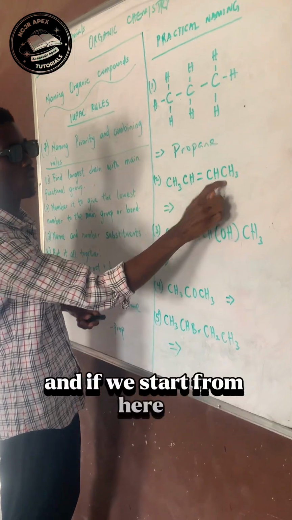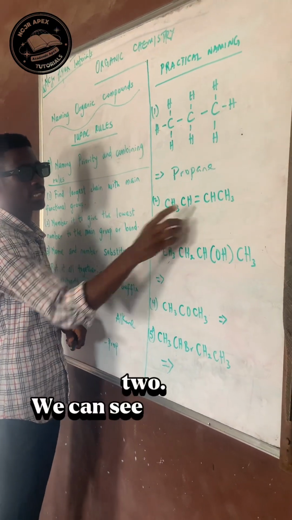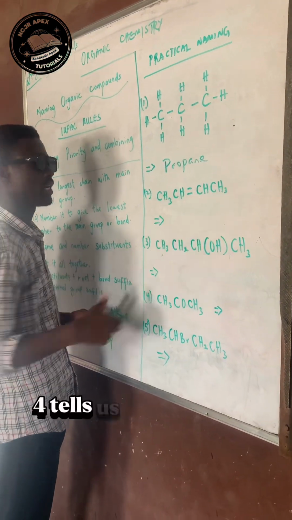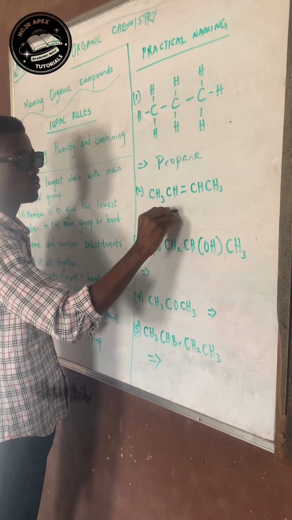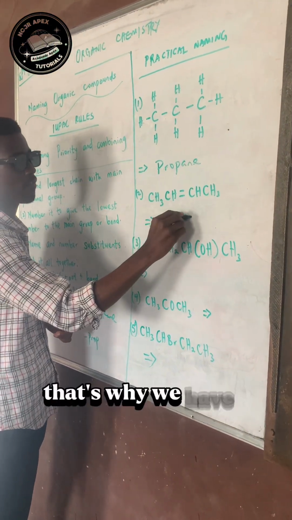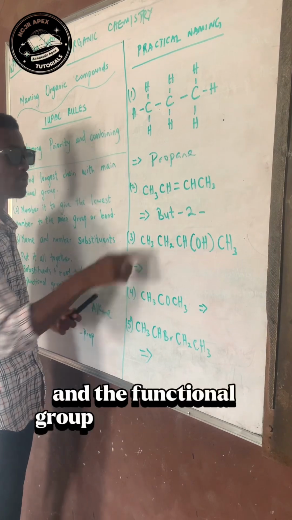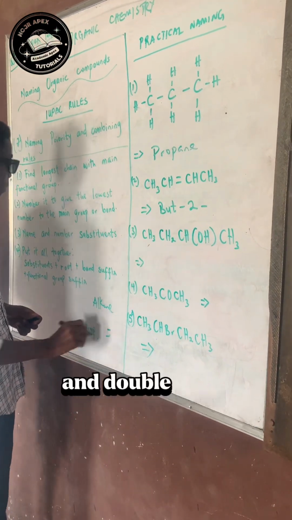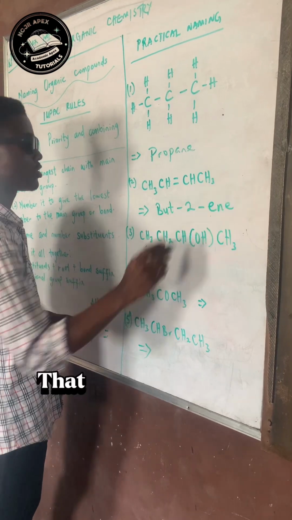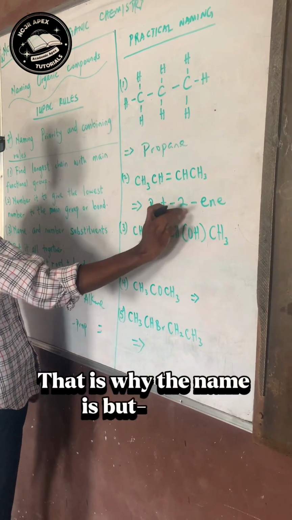And if we start from here, 1, 2. We can see that it's the same, so we can start from anywhere. 1, 2, 3, 4 tells us that it is BUT. Because the functional group is at position 2, we have BUT-2. The functional group is a double bond, and double bond stands for ENE. That is why the name is but-2-ene.